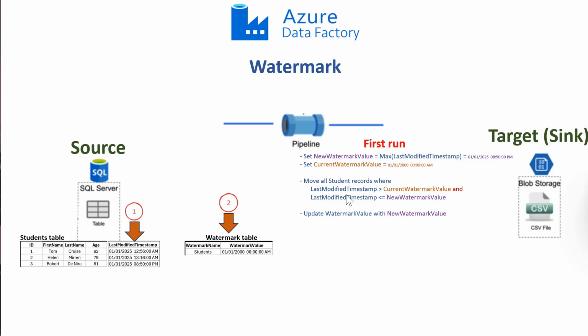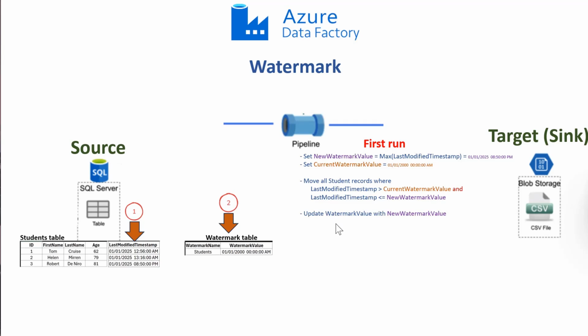Then we move all the records from the student table between those two date and time. So we say everything greater than current watermark value, which is 1st of Jan 2000, and it should be less than or equal the new watermark value, which is the maximum value that we have here for the last record.